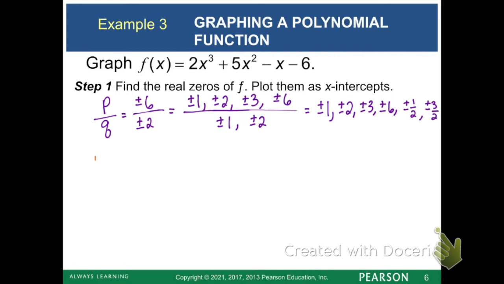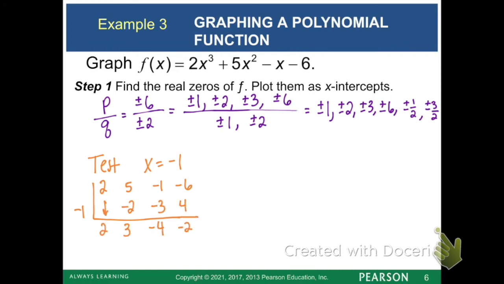Okay, so first I'm testing -1 using synthetic division. And I get that x equals -1 is not a 0 of my function because I didn't get 0 right here. So now I'm going to test 1.